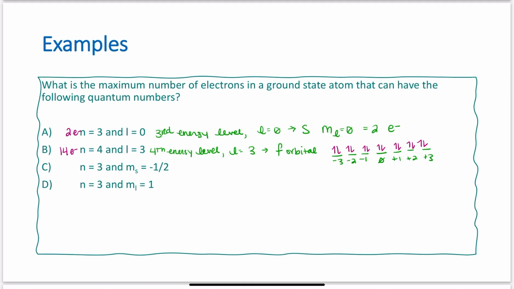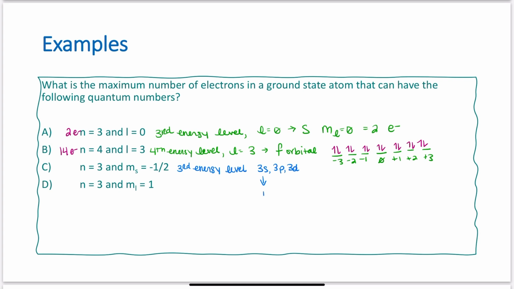N equals 3 and M sub s equals -1/2. N equals 3 is the 3rd energy level. M sub s equal to -1/2 is the spin on the electron. So that means I can have a 3s, a 3p, or a 3d. It didn't specify which, and which electrons can be spin down.